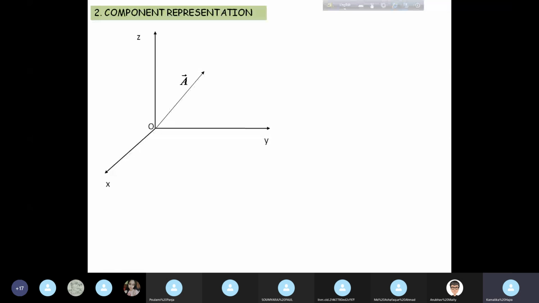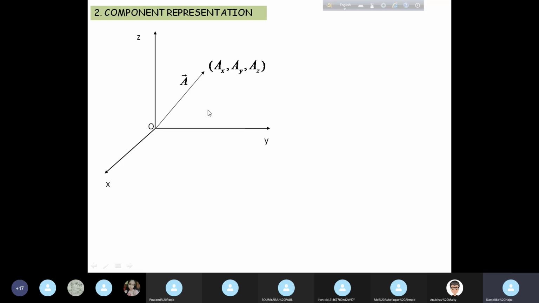So here, let's suppose we have a vector A which starts at the origin, ends at the point ax, ay, az. Okay, so this vector could be anywhere. We could have parallelly displaced it and brought it to this position.